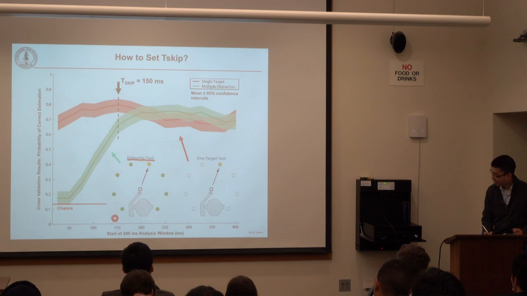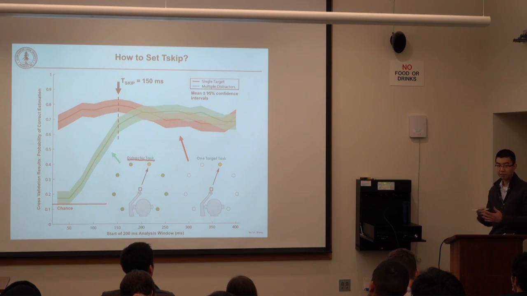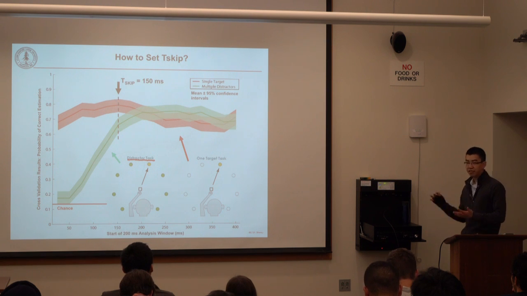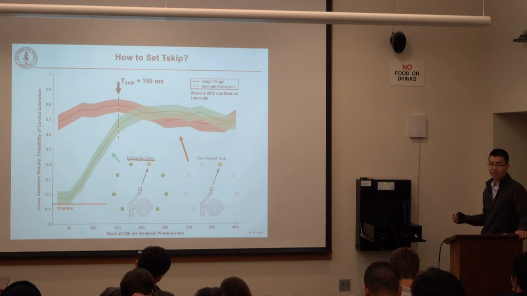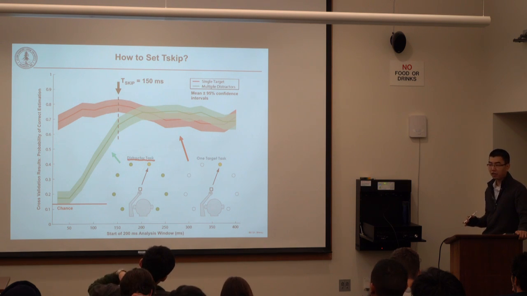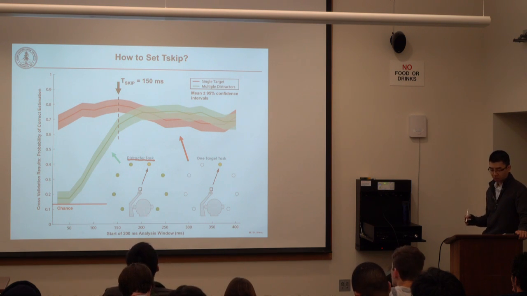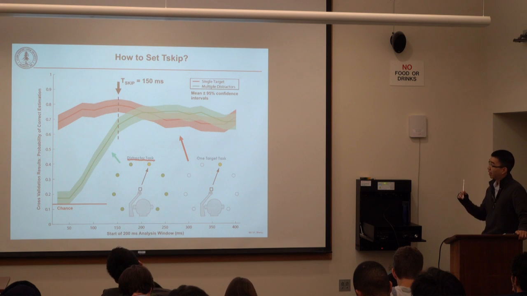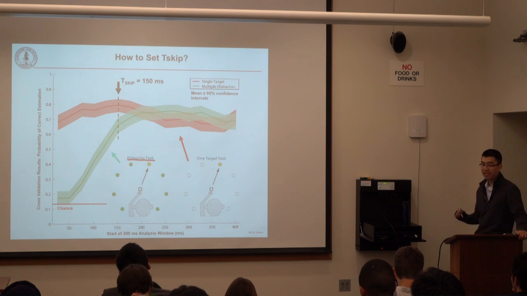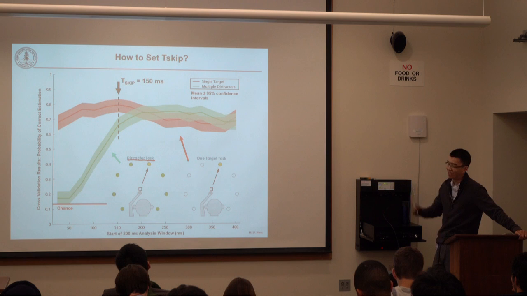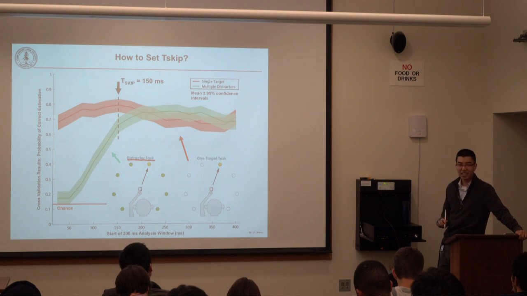But as soon as they got to a t-skip of 150, if they started to integrate from here, we saw that the performance began to plateau. This is the justification that they use for choosing a t-skip of 150. This also corresponds to reaction time. That's how we decided to jettison the first 150 milliseconds of data. Does that all make sense?